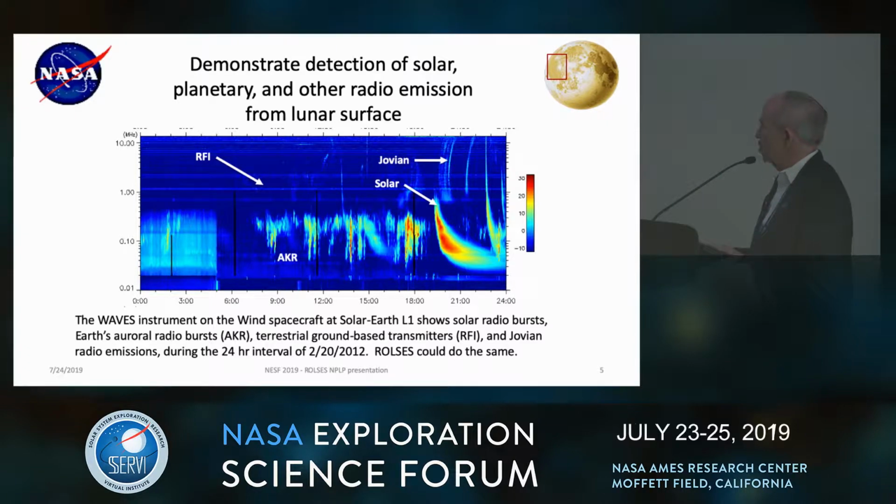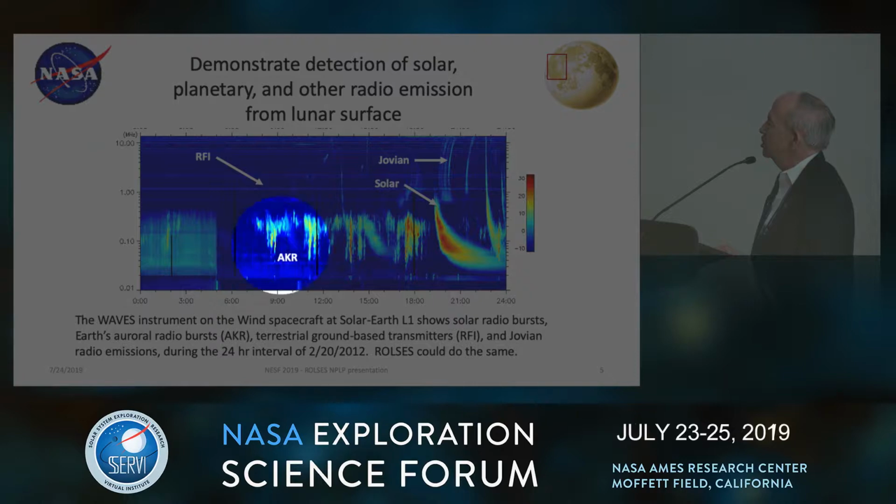In this plot, which is 24 hours of data covering 0.01 to 10 megahertz from the Wind spacecraft WAVES instrument, it shows, to first approximation, what ROLSES will see from the lunar surface. One thing we will see is the radio emission from the Earth's magnetosphere, auroral kilometric radiation.